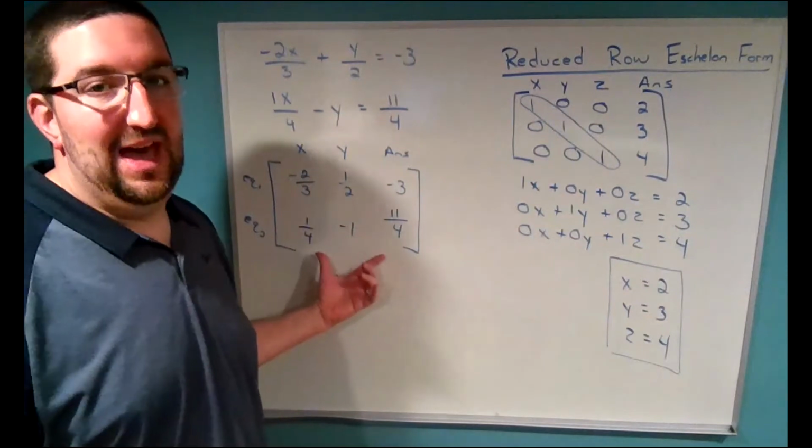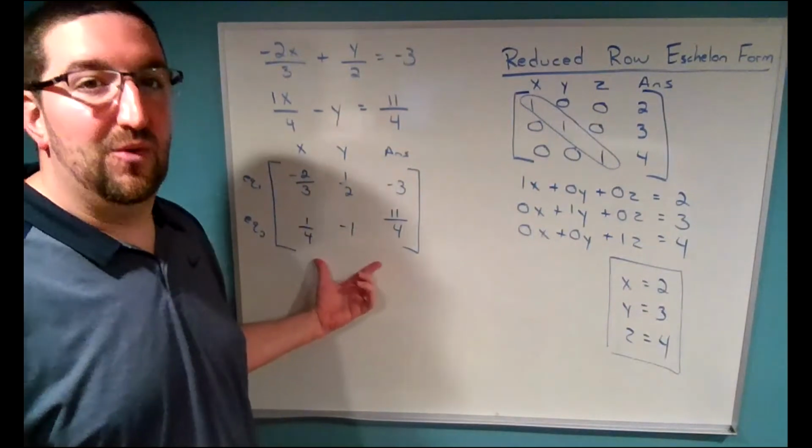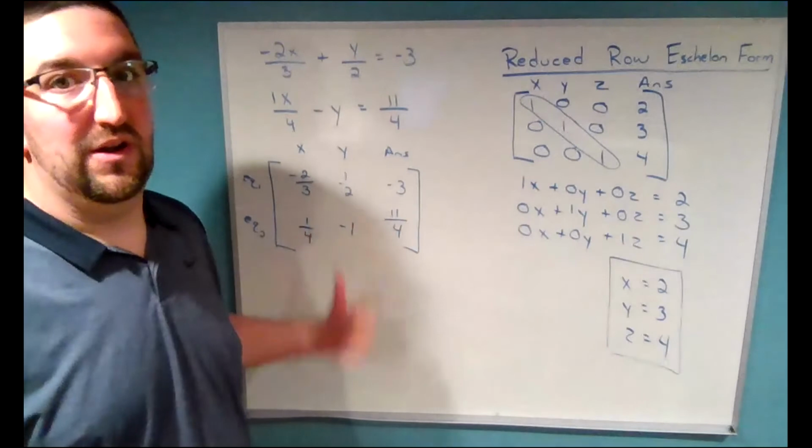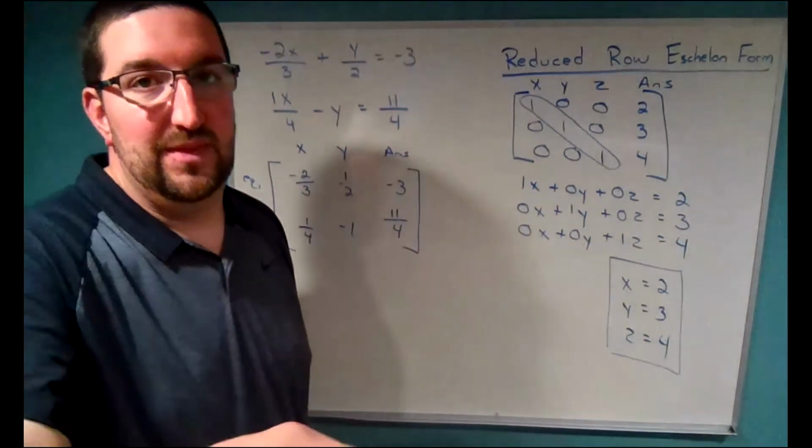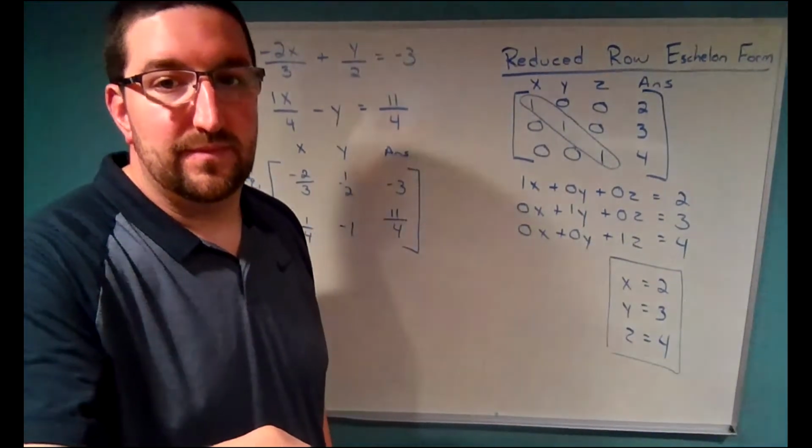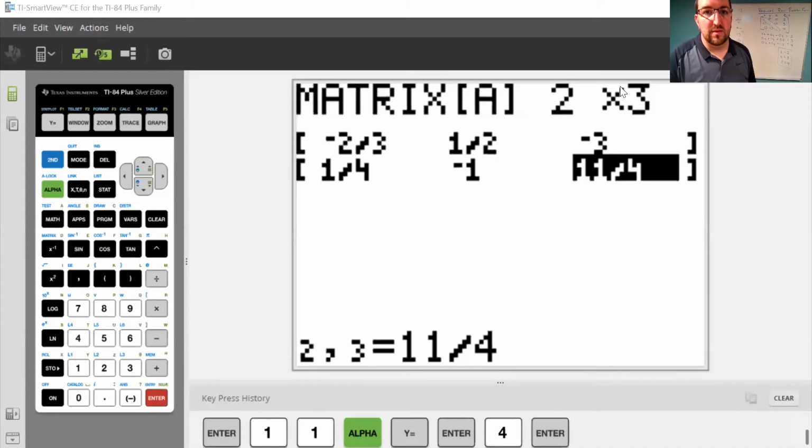I'm going to show you how to find the reduced row echelon form of this matrix that you already have in your calculator. Right now your calculator might be in this mode where you've entered your matrix. What you have to do every time you enter a matrix is quit back home.